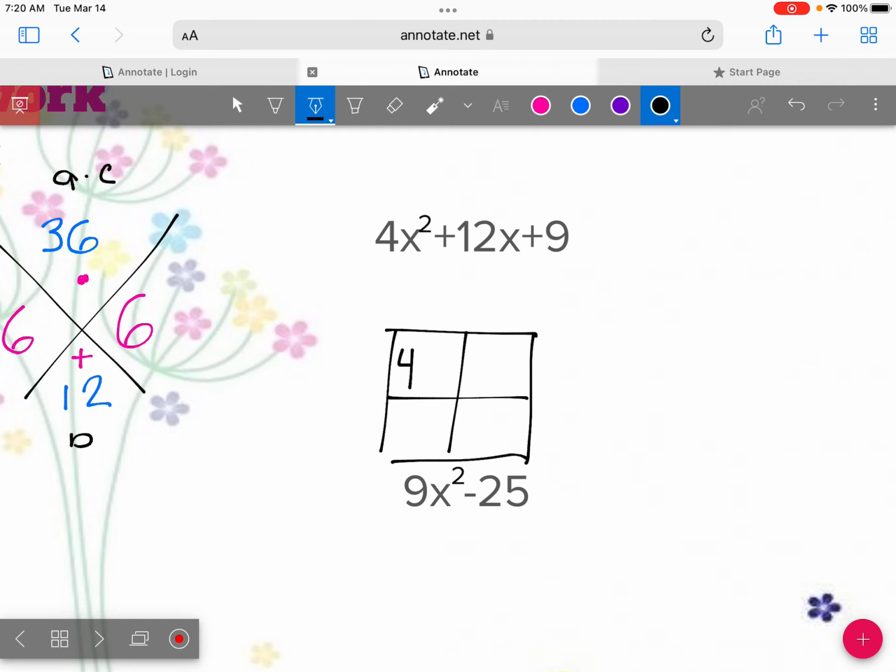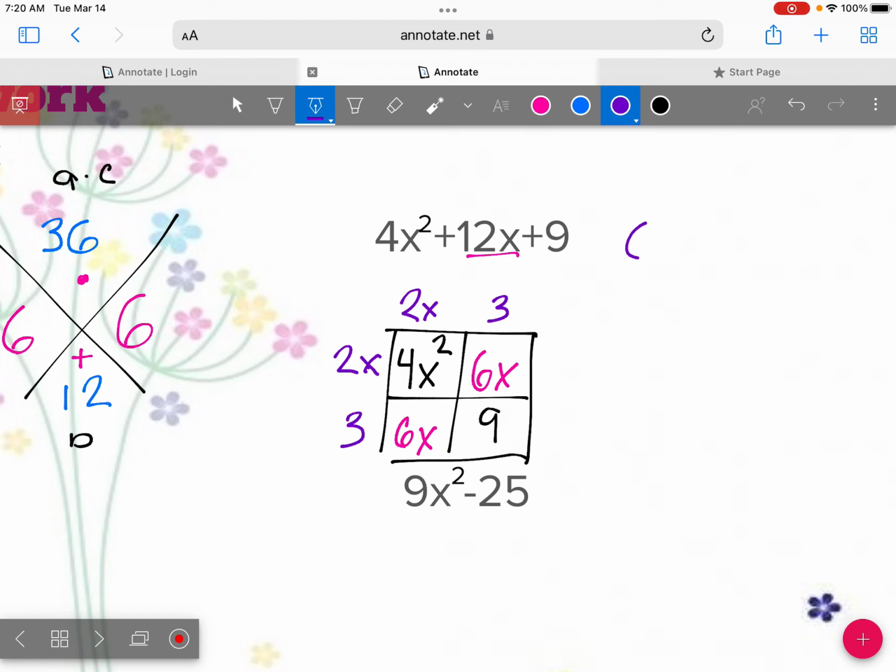Where we have 4x squared from our expression, 9 from our expression, and then our middle term splits to be 6x and 6x. So what are our factors going to be? 2x and 3 and 2x and 3.